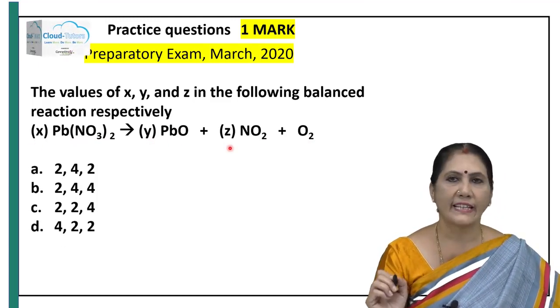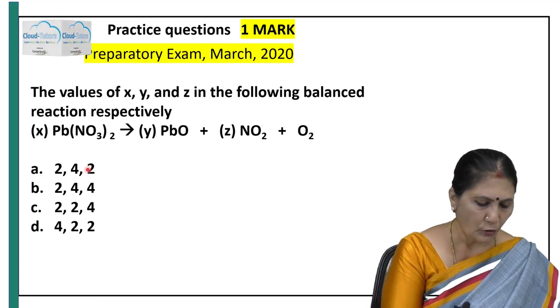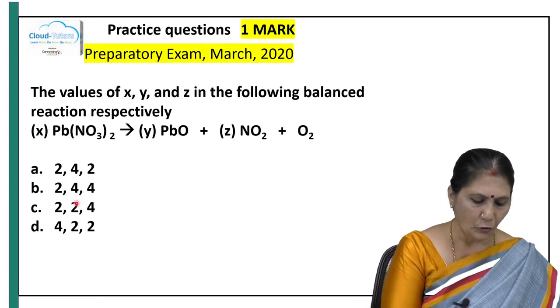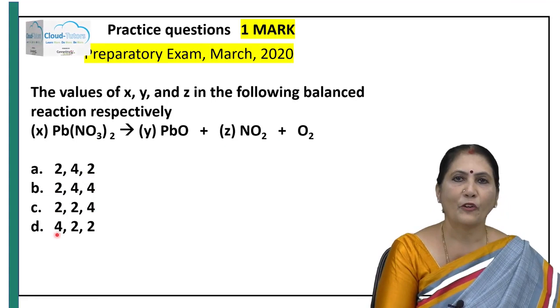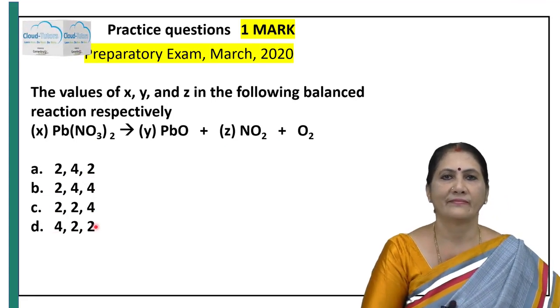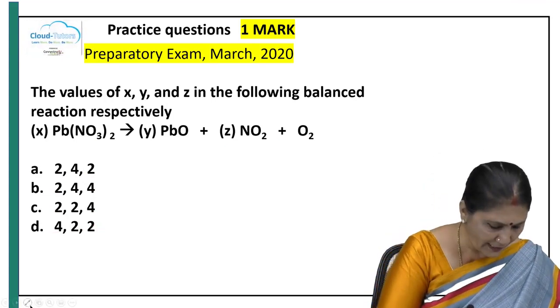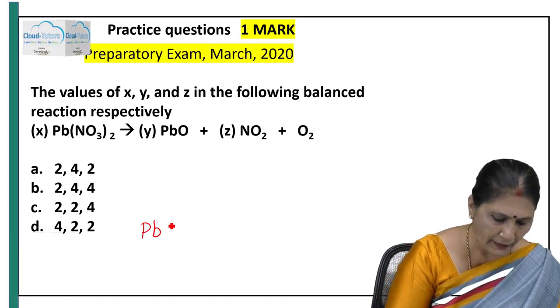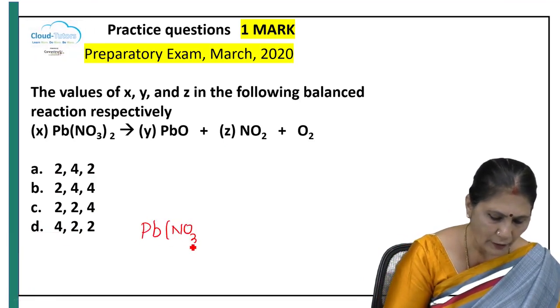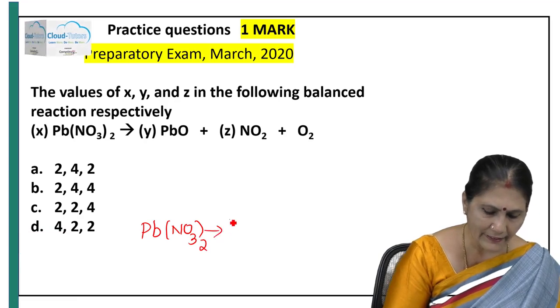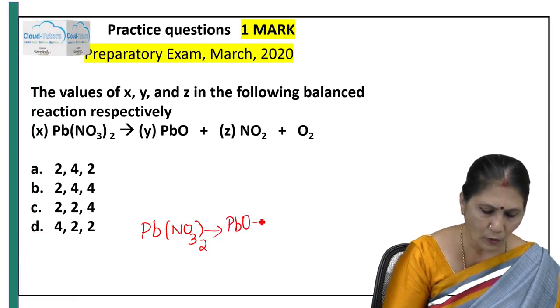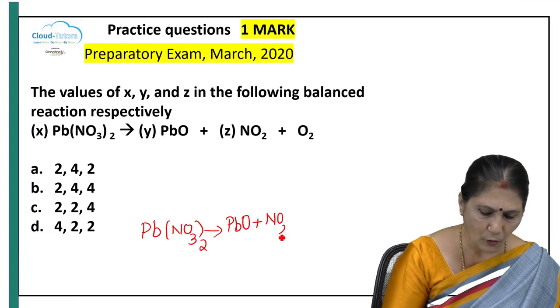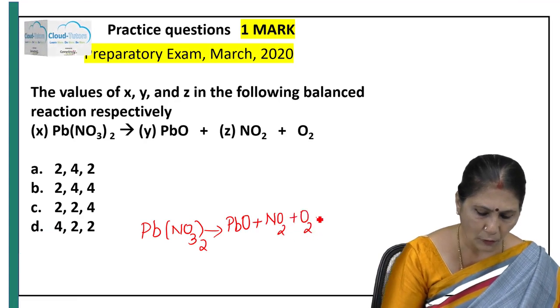The options given are 2, 4, 2; 2, 4, 4; 2, 2, 4; and 4, 2, 2. So very quickly you have to write the equation. Pb(NO3)2 gives PbO plus NO2 plus O2.